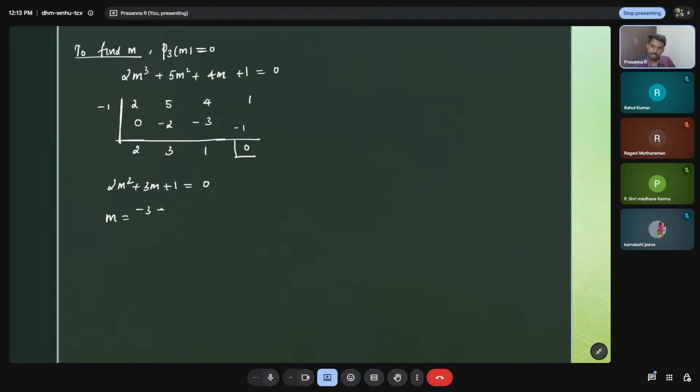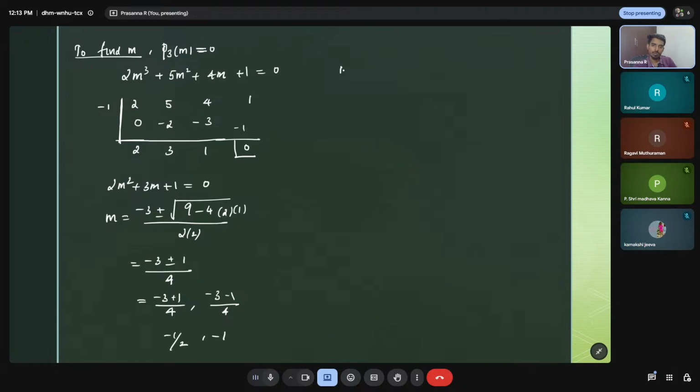So m is minus b plus or minus root of b square minus 4ac divided by 2 times a. So minus 3 plus or minus 1 by 4. So minus 3 plus 1 by 4, minus 3 minus 1 by 4, minus 1 and minus 1 by 2. So the values of m are minus 1 by 2, minus 1, minus 1.